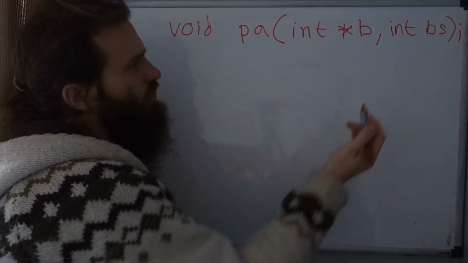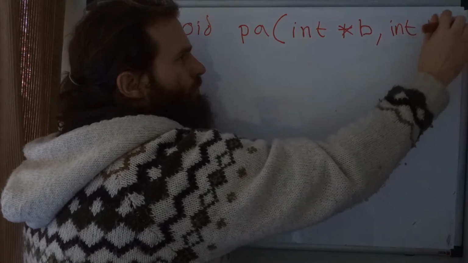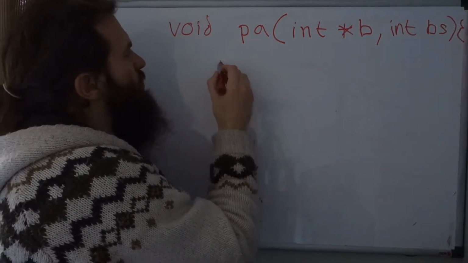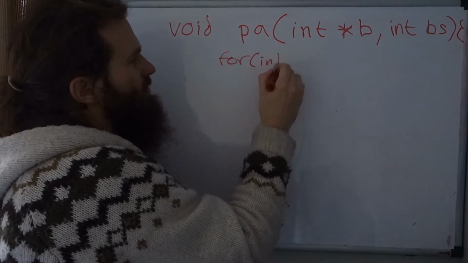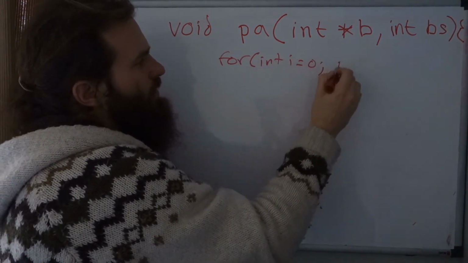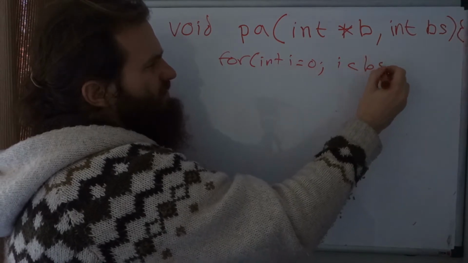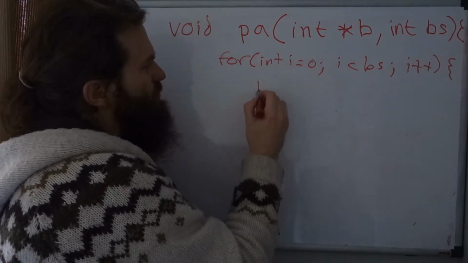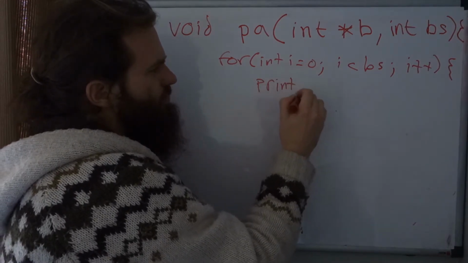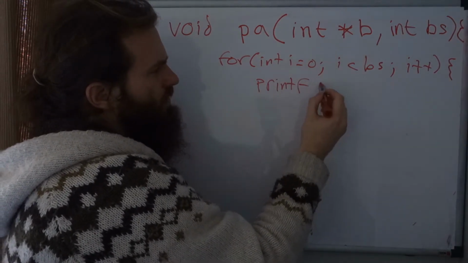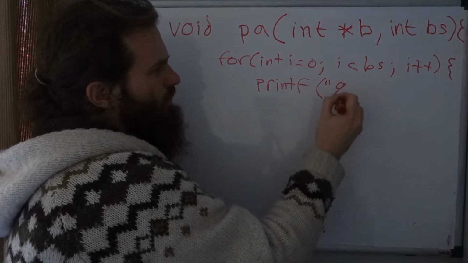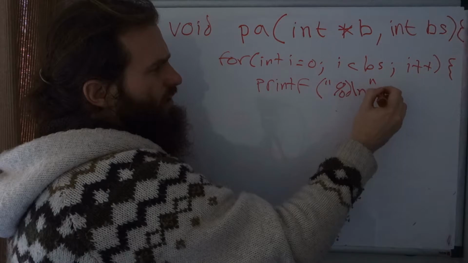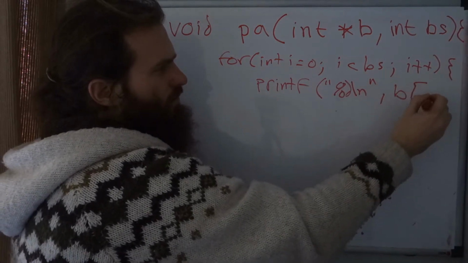And of course, within this function, we could do something like a loop or whatever and say for int I equals 0, I is less than BS, I plus plus, and we could just print out perhaps just one on each line, B[i].